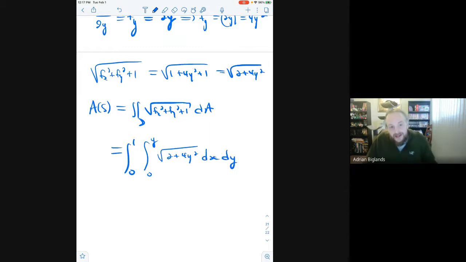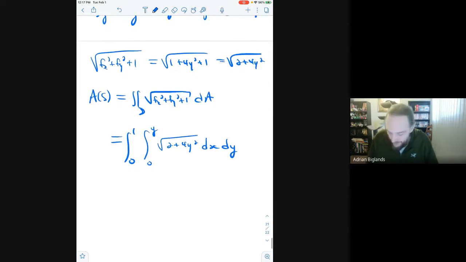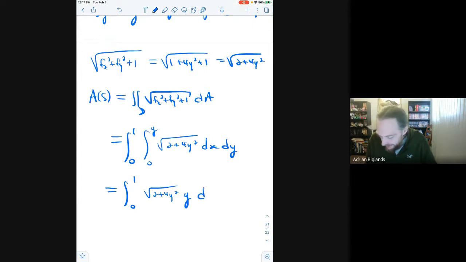Now you can see why I did this first. If I did dy first, I would have that nasty business outside, and then I would have to use trigonometric substitution for something horrible. It could be done, but I don't want to. So this is going to equal the integral from 0 to 1 of the square root of 2 plus 4y squared times y dy, when I compute the antiderivative of the first one.